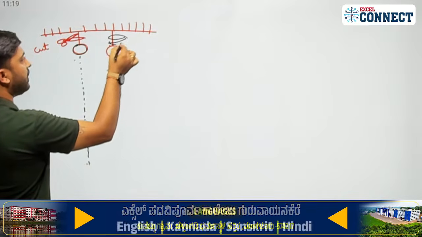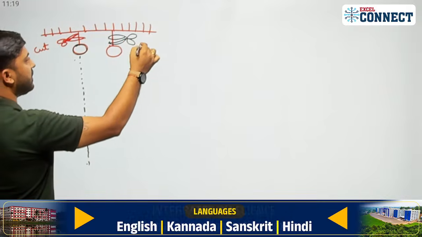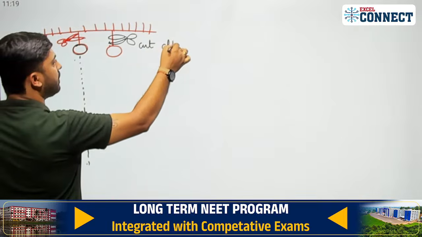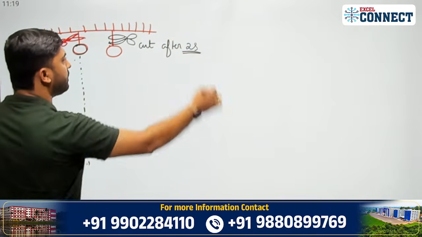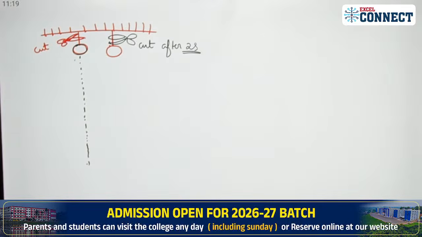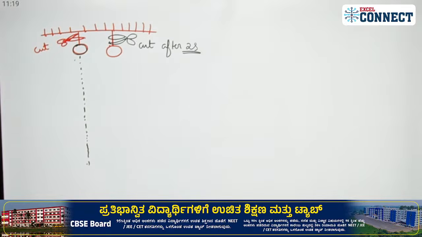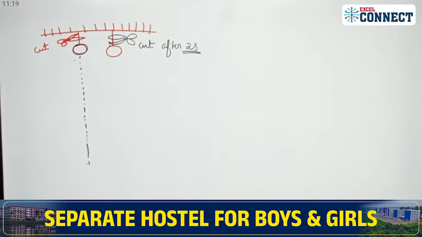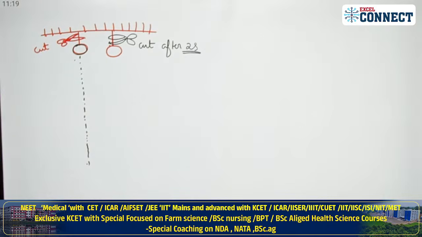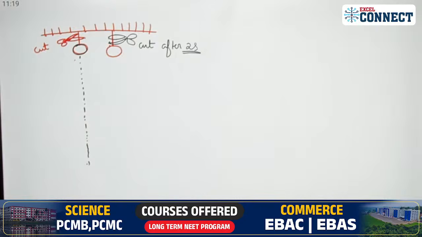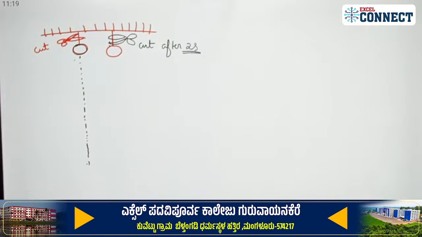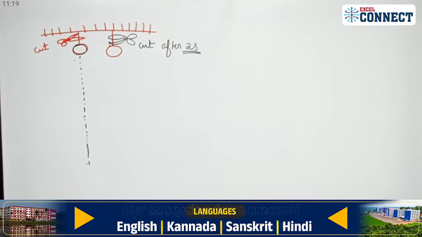Then the second object is cut. A thread of the second object is cut after 2 seconds. There are two objects hanging. So, the first object is hanging from a ceiling. If you cut it, it will be under free fall.